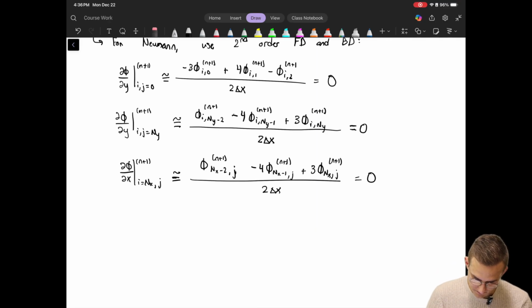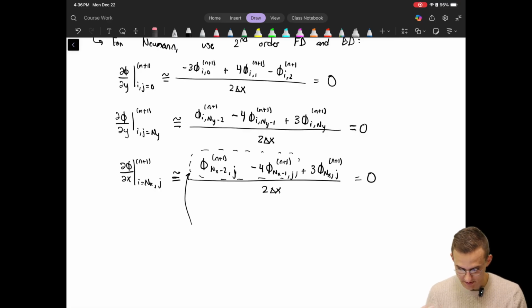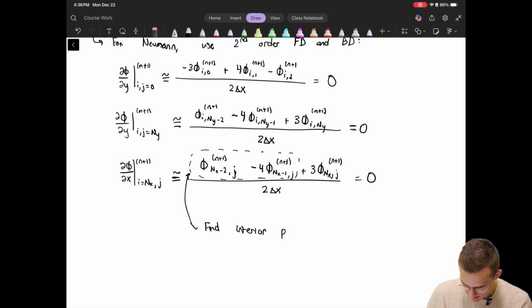Okay, and so you might notice that there are interior points inside these boundary condition constraint functions, your equations. So what you do is you find these interior point values using the update rule above.